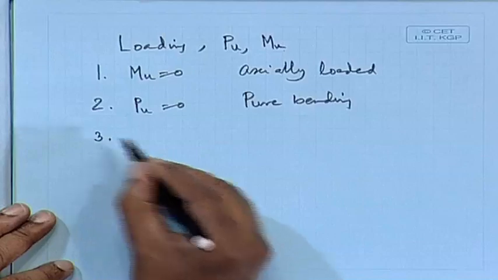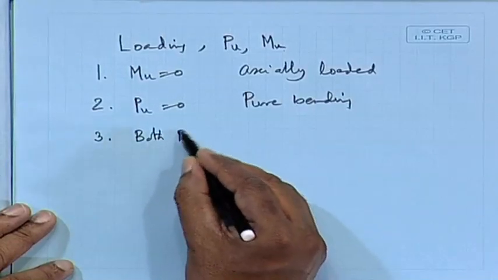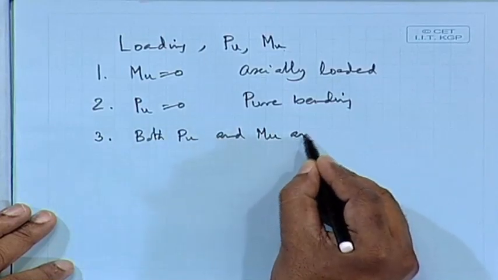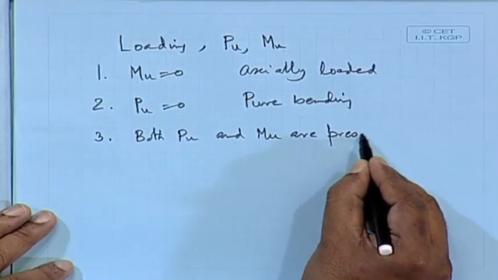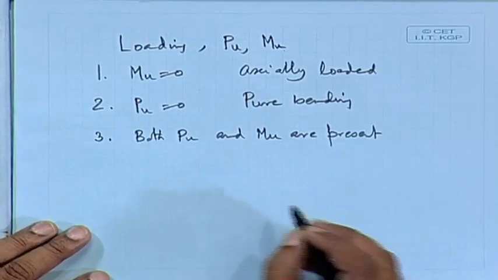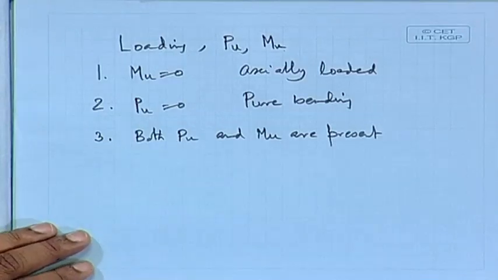And number 3, both Pu and Mu are present. Our code says if it is axially loaded, the strain is 0.002.